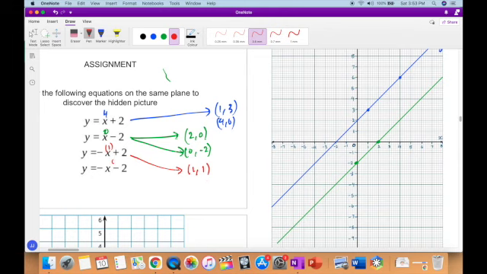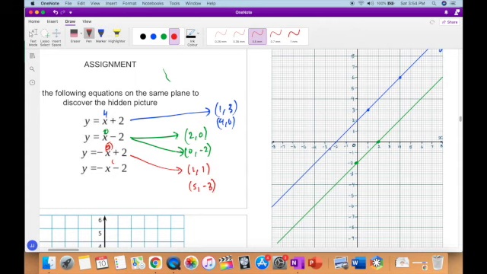Let's choose when x is 5. So when x is positive 5, I'm putting that into the equation. When x is positive 5, the negative makes it negative 5 plus 2, which is negative 3 for y.